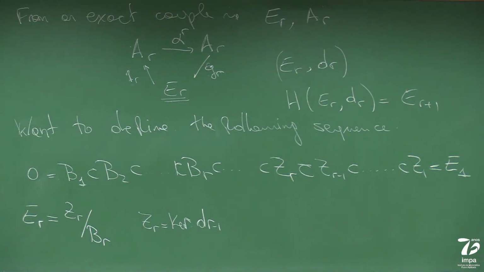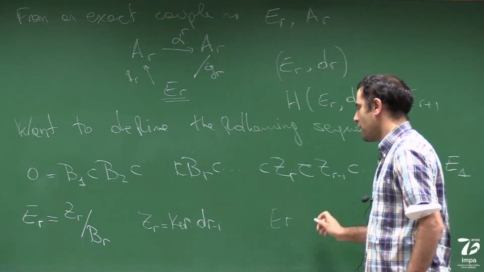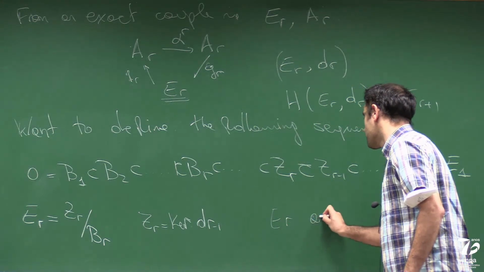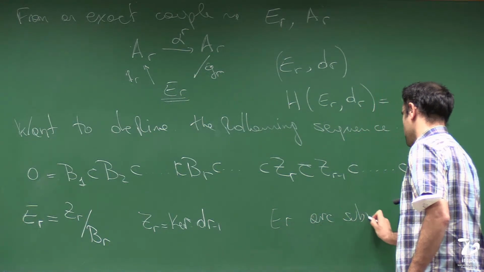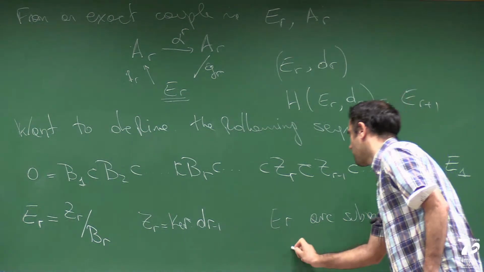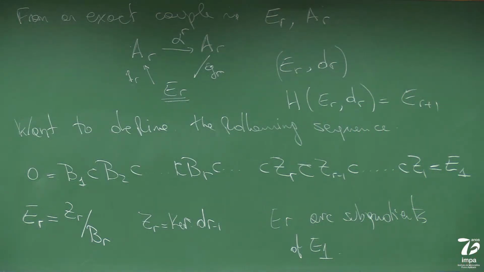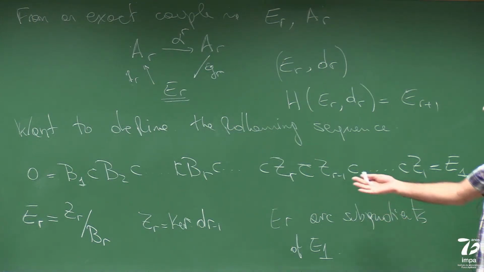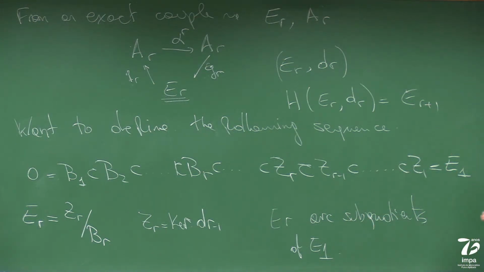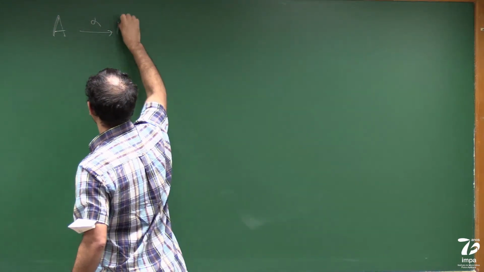So the point is that all of the E_r, for every r, are subquotients of E_1. And E_1 is what I started with from an exact couple.